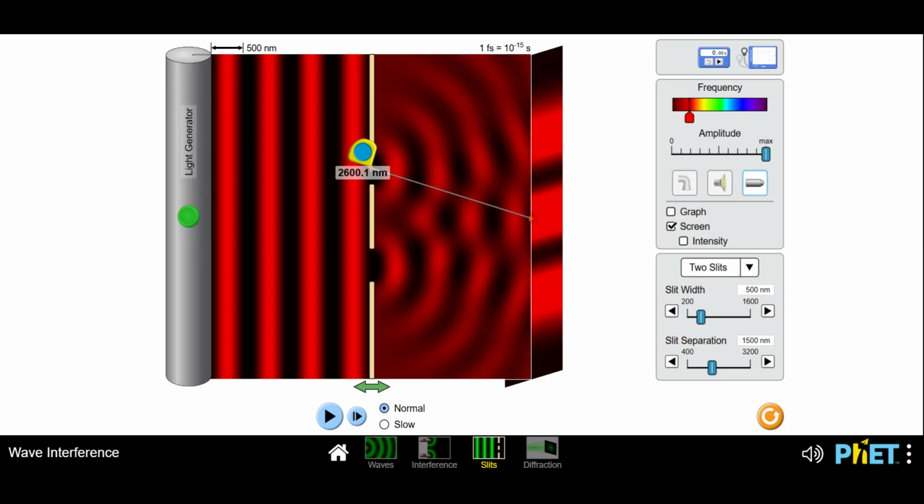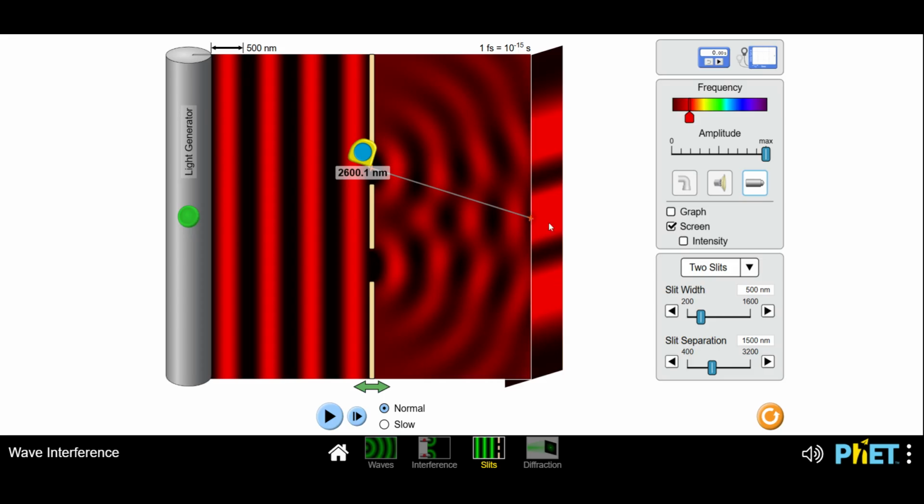And it is. So this bright spot here, this bright fringe, is equidistant from the two slits. The light from each of those slits is travelling the same distance to get to this bright spot, and that's why they're arriving in phase, because they're both travelling the same distance. They haven't had any distance to get out of phase.